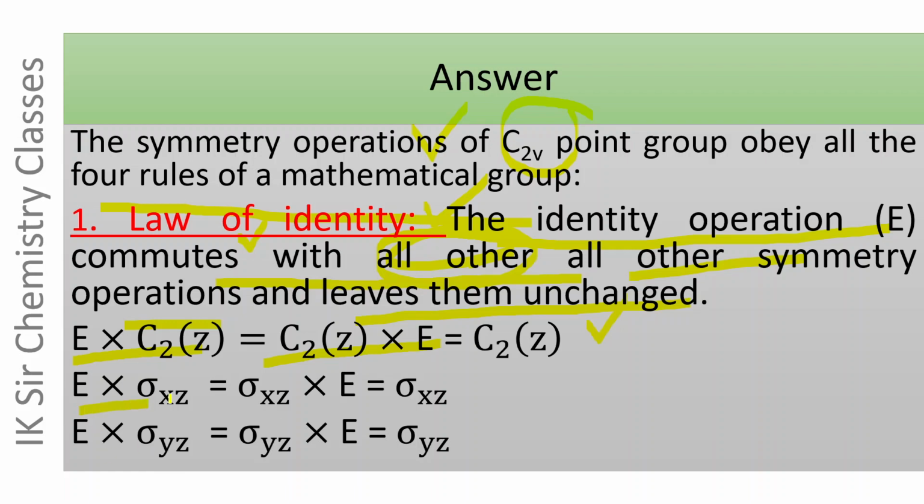E into sigma xz is equal to sigma xz into E and it is equal to sigma xz. E into sigma yz is equal to sigma yz into E and it is equal to sigma yz. The identity operation of C2V point group commutes with all other symmetry operations and leaves them unchanged.